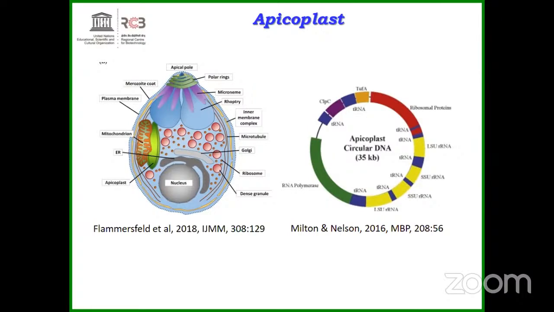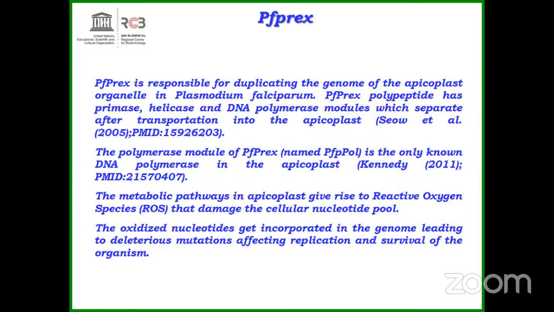This genome is basically replicated by a special enzyme known as PfPrex. And PfPrex is nuclear encoded. It starts out as a protein which has polymerase, helicase, and primase activities. And then once it enters the apicoplast, it gets cleaved into 3 different proteins. So the polymerase module we call PfPPol.